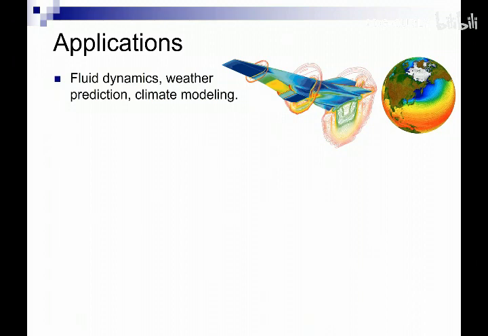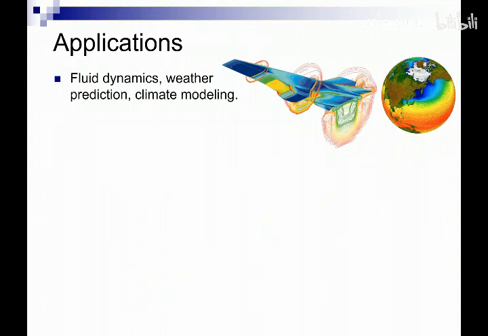For example, if you're designing an airplane, you would like to know how the air is going to flow around your airplane. To do that, you need to conduct a very large-scale simulation for the airflow. That simulation is going to involve a very large amount of computation, and to do that in a feasible amount of time, you need to parallelize that computation.